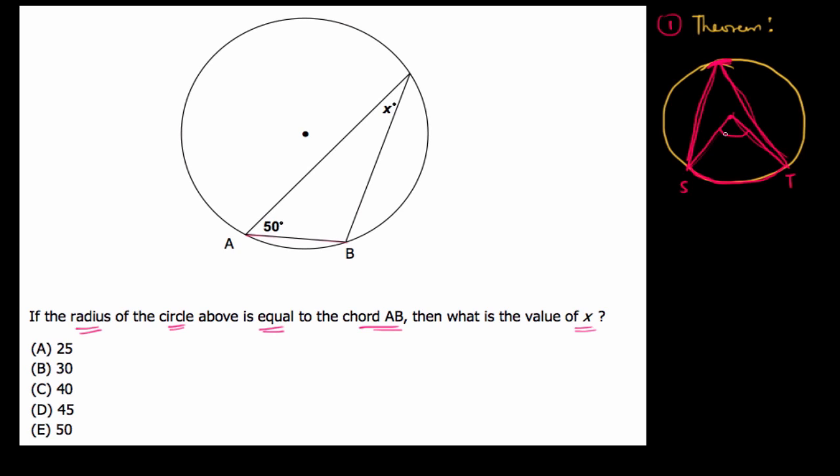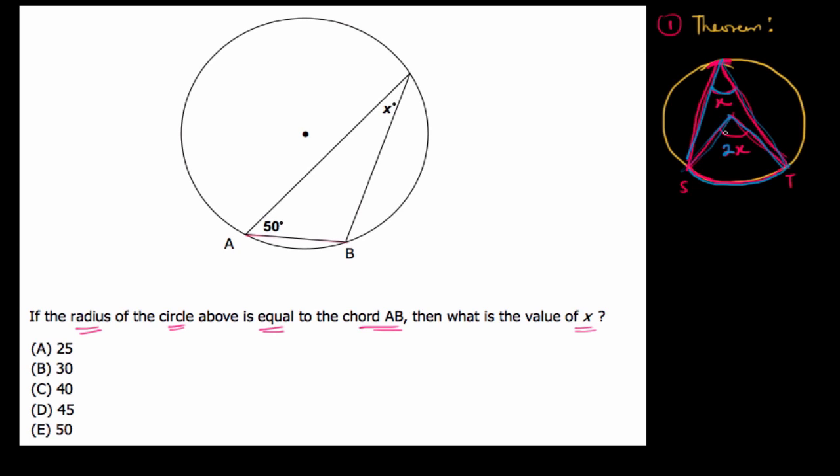If the angle here is x, then the angle at the center is 2 times x, twice this. Whenever you have an arc on a circle, the angle it subtends at the center is twice the angle it subtends on the circumference.